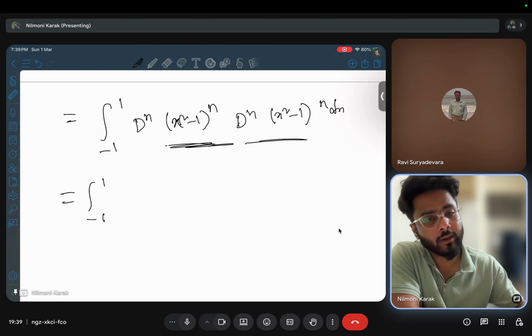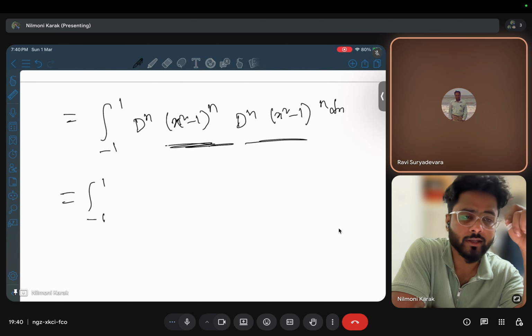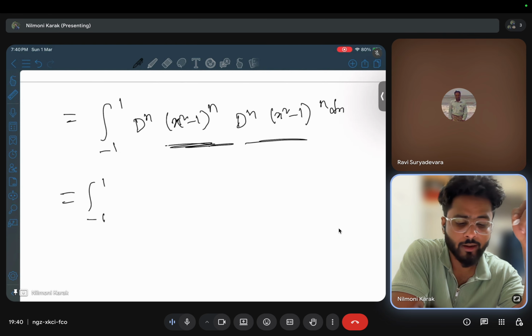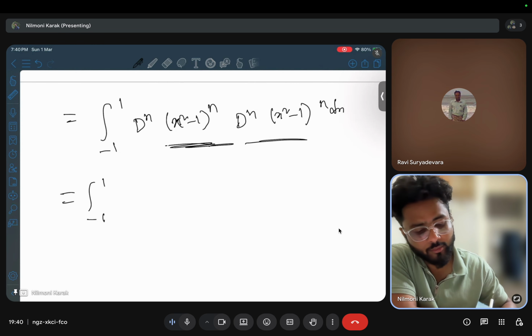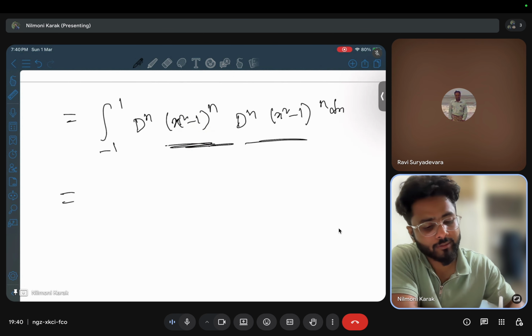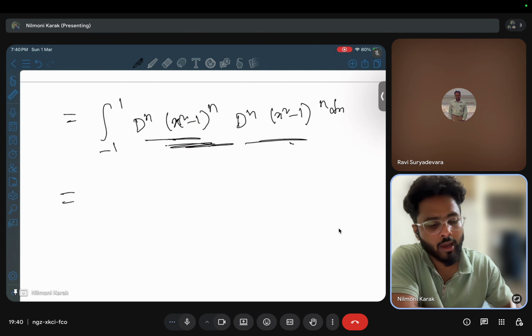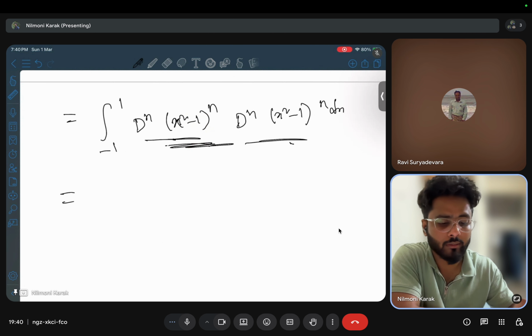In integration by parts, the first integral gives you some constant term, because you are integrating with respect to x with upper limit 1 and lower limit minus 1.